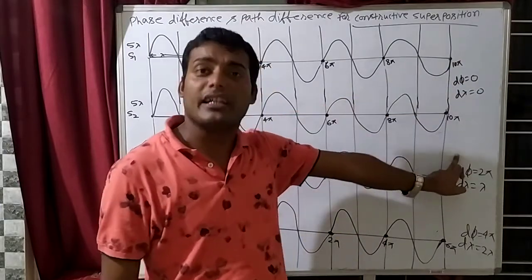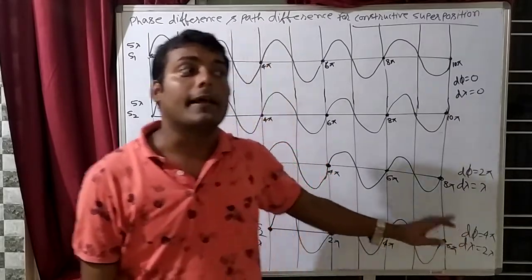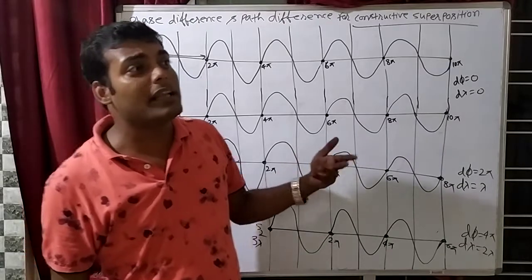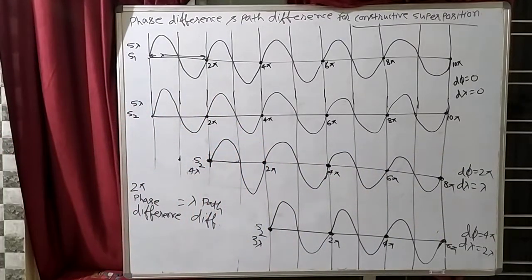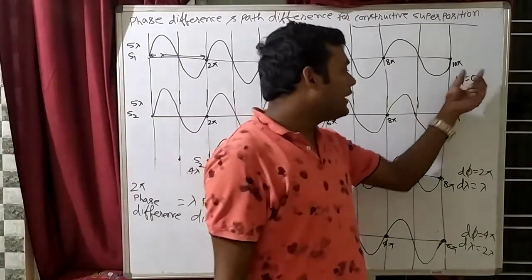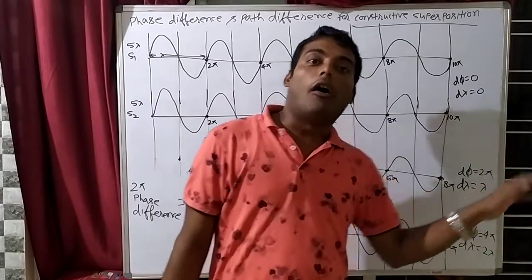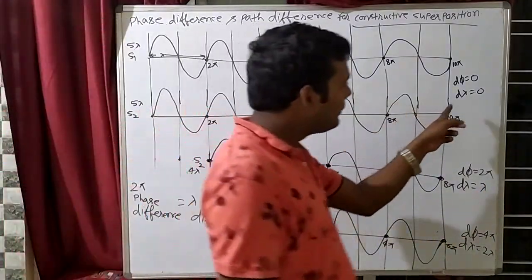Phase difference 2 pi, constructive superposition. Phase difference 4 pi, constructive superposition. Phase difference 6 pi, again constructive superposition. That is even multiple. What we can say? Even value of pi should come: 0, 2 pi, 4 pi, 6 pi, 8 pi, 10 pi, 12 pi. On all this, what will be there? Constructive superposition.